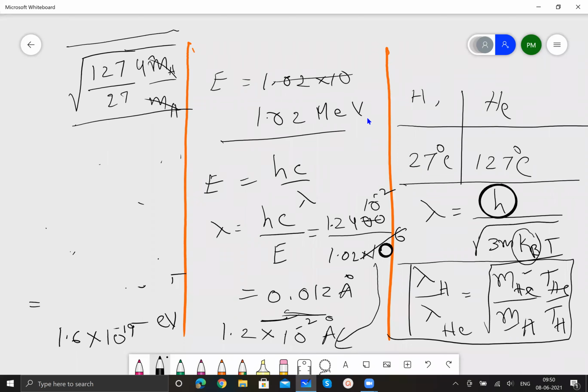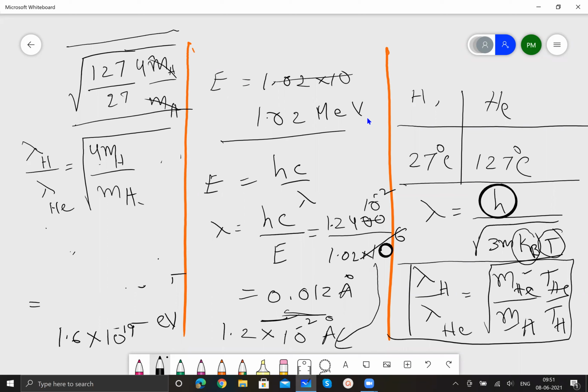Is it correct or wrong? Wrong, sir. Why is it wrong? Because capital T means temperature in Kelvin scale. So what should you do?